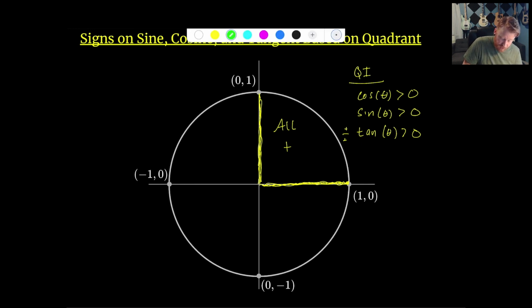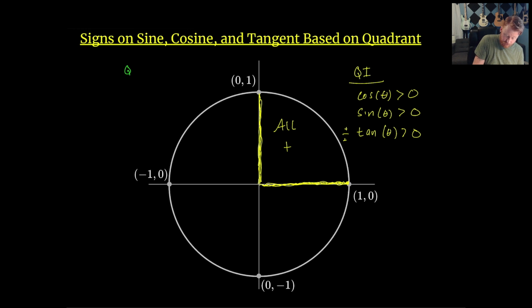All right, let's take a look at quadrant 2. So in Q2, if we take a look at the cosine, so that's everything that lives on the x-axis, or that corresponds to the x-axis here. Well, everything here is negative. So here we would see that the cosine of some theta that terminates in the second quadrant is going to be less than 0. All of these cosine values are negative. They're less than 0. But all the sine values are still positive.